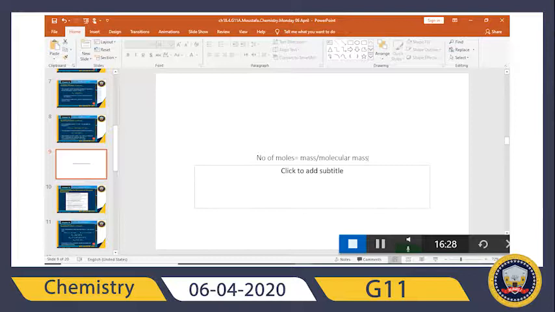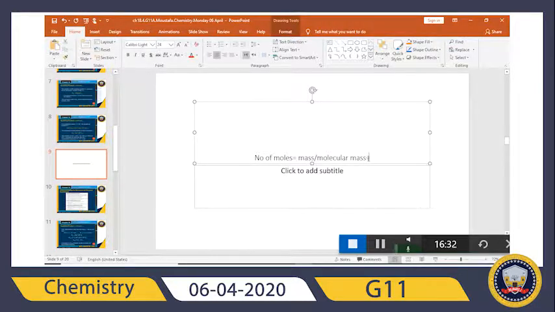So you write the mass, 8.6 times 10 to the power of minus 3, over the molecular mass of calcium fluoride, which equals 78.